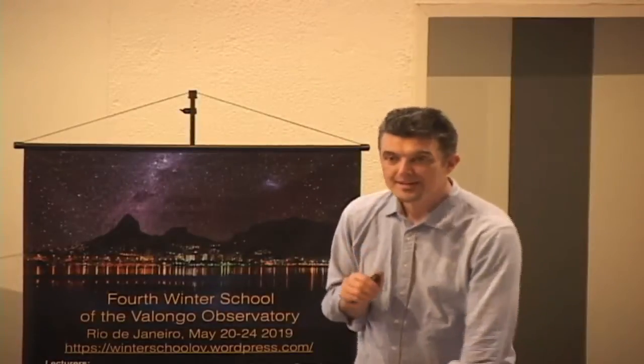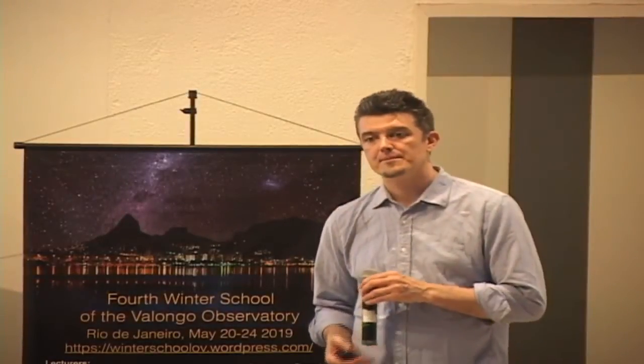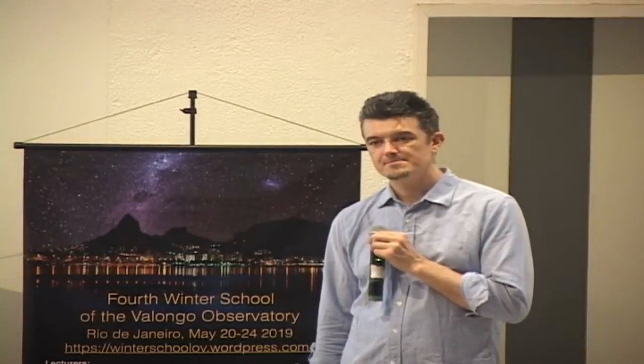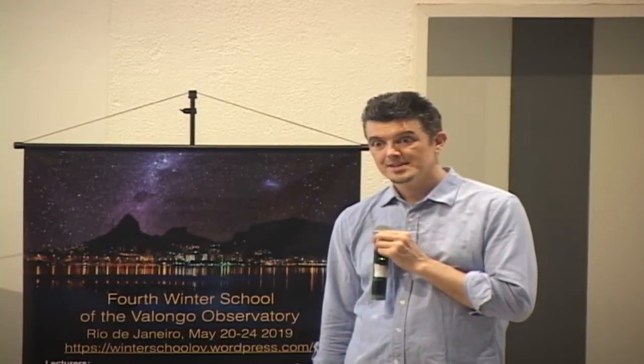So you talked about the reverberation mapping. Can we use this for high-z quasars because of the light travel time? What is the maximum z we can use for this study? It depends.